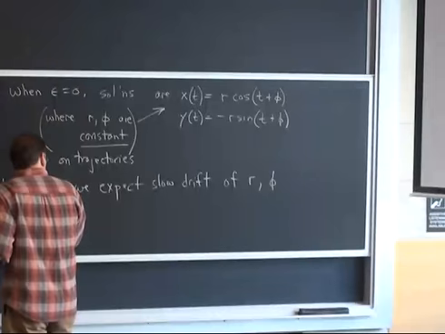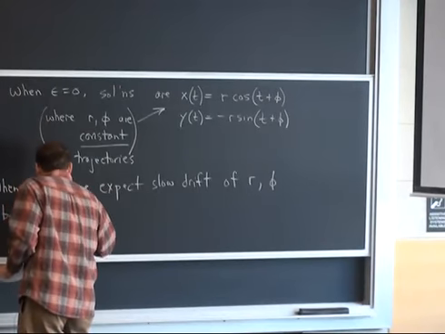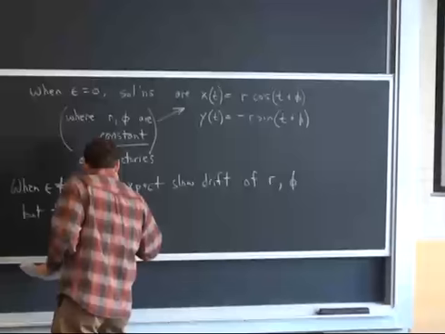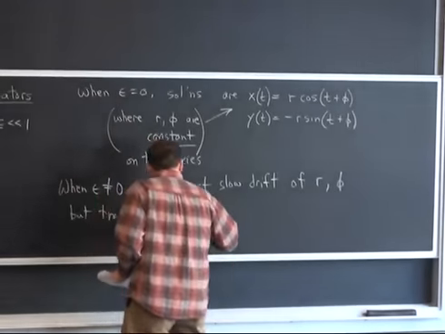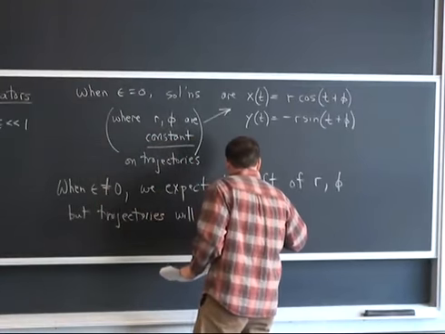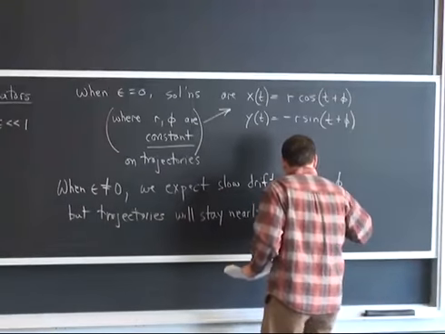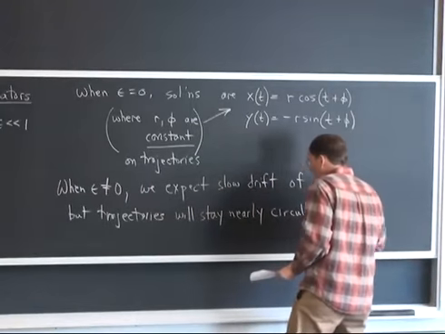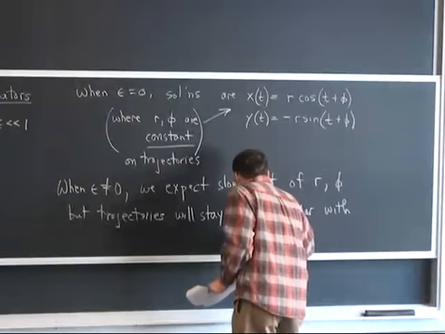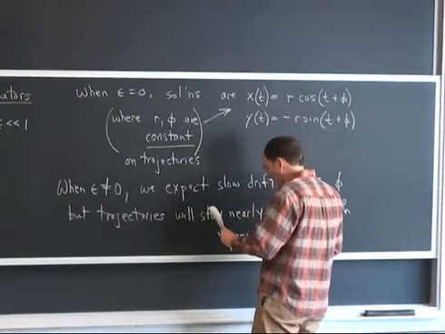So, trajectories will stay nearly circular. With period, I hesitate to call it period because they're not exactly closed, so they don't really have a period.